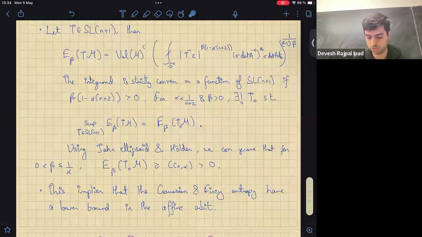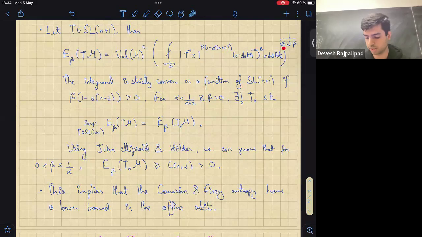And what we observed is that this integrand is strictly convex as a function on the affine group if the exponent is positive. So if beta times 1 minus alpha times n plus 2 is positive, there will be a minimum of the integrand.